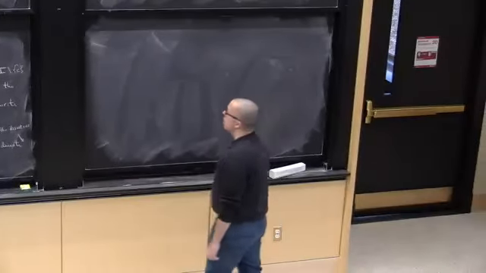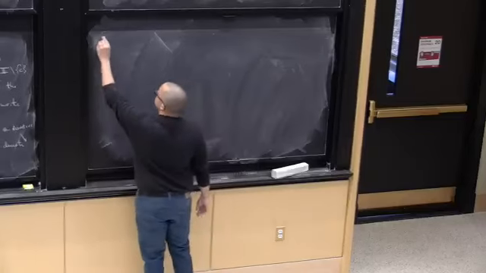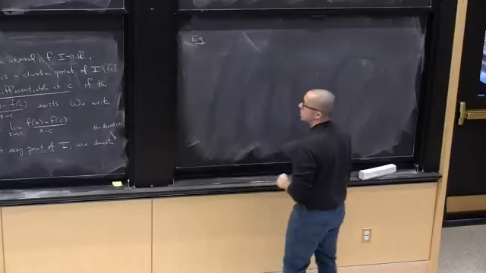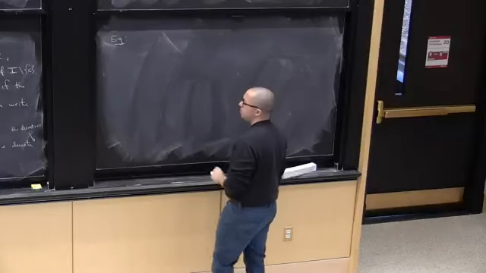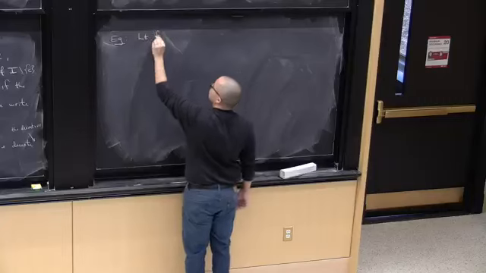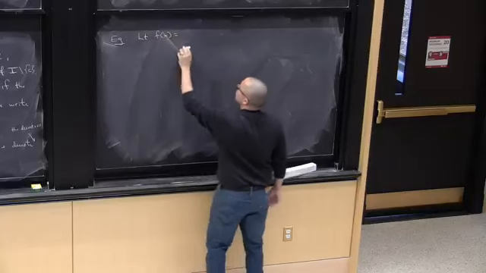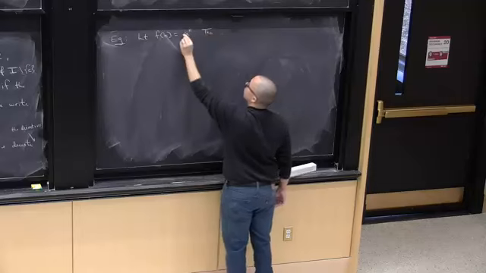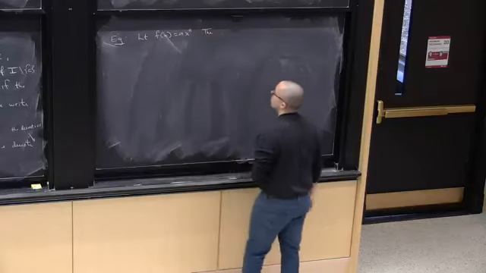So the simplest example of a function which is differentiable is that of a monomial. So f of x equals x to the n. Let's put even a number in there.